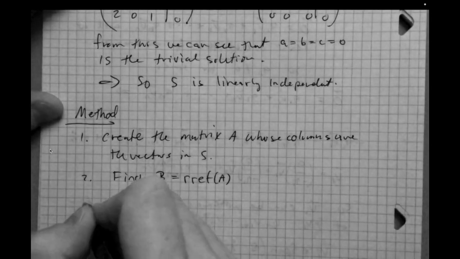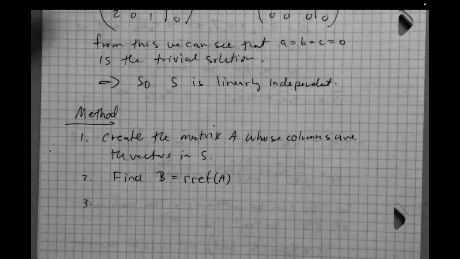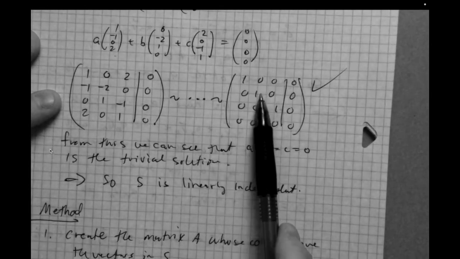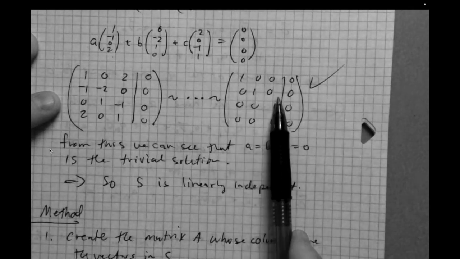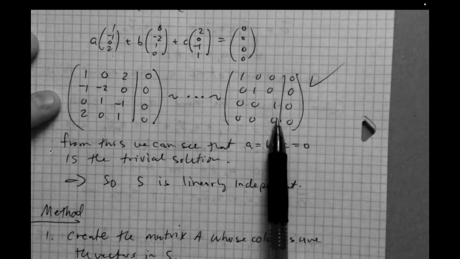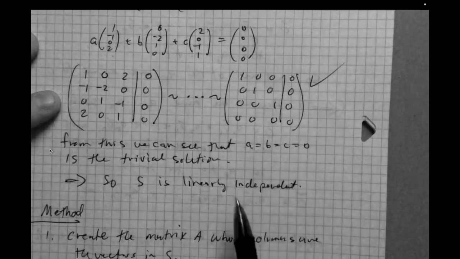Okay, and step 3 is to just give it a glance here. Basically what it boils down to is I'm going to need a pivot in all 3 columns. If I just have 2 pivots and a row of zeros, that means I have a dependent variable, which means I have infinite solutions, not just the trivial solution.